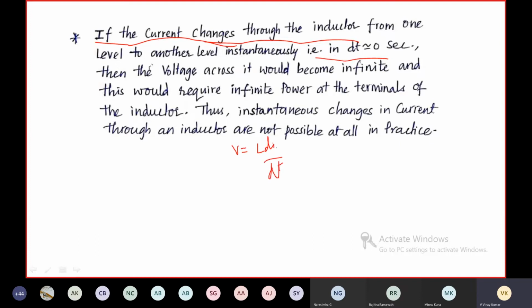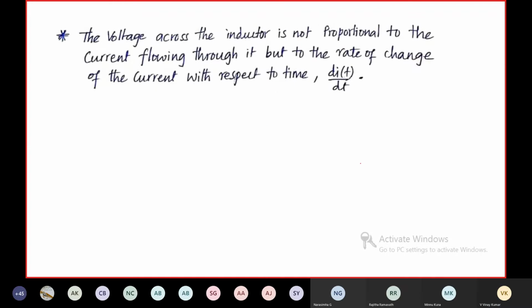If the current is changing within 0 time, the voltage becomes infinity. Only if I apply infinite voltage across the inductor can the current change instantaneously, so this is impossible. In practice, we apply finite voltage. The current through the inductor cannot change instantaneously. That is one of the properties of the inductor.